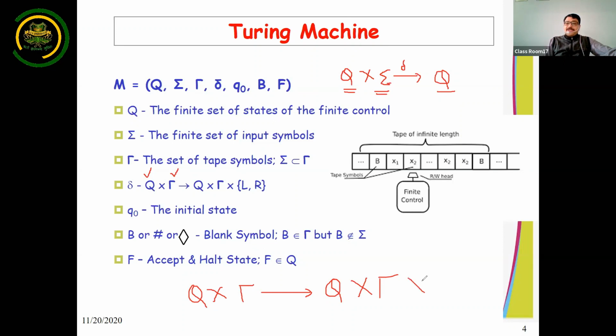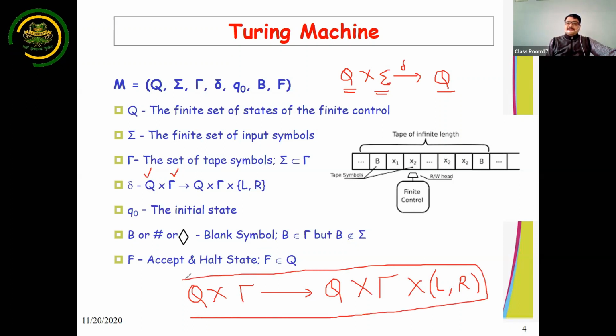And an important point here is that after that you must also direct the head about the direction. Means after the transition, you should ensure the direction of the head. Either it should move to the left, or it should move to the right.